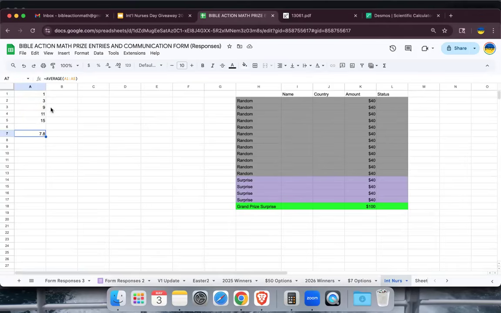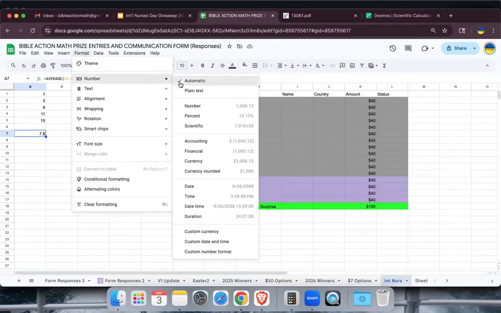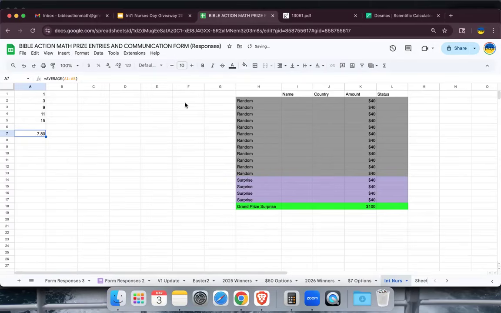Now, when I click this spot, I can go to format number and I can get more decimal places. And so it doesn't look like it was rounded. But that's not even what I want.